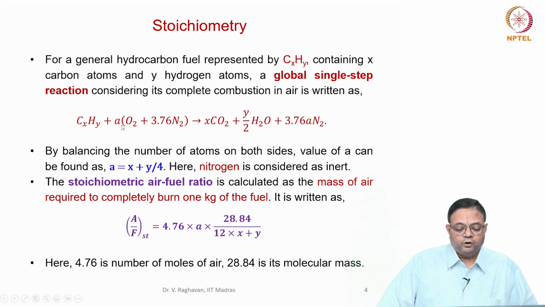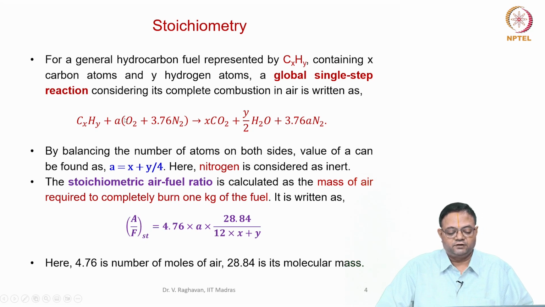Okay, so this A times (O2 plus 3.76 N2) says that there are A into 4.76 kilomoles of air present in the reactant. 1 kilomole of oxygen and 3.76 kilomoles of nitrogen, into A times, which is required for complete combustion, is present in the reactant side.